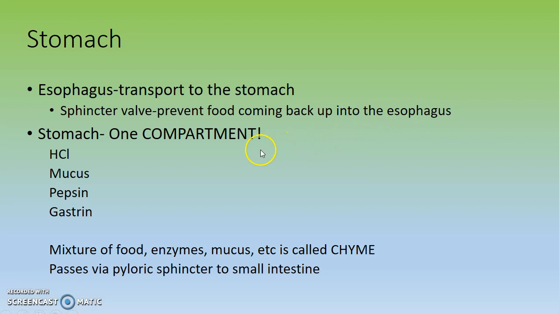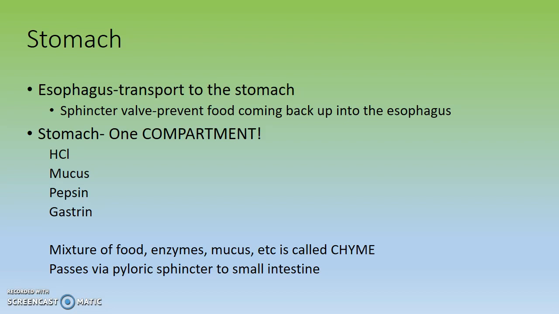The stomach in a monogastric only has one compartment. The important things that are in the stomach are going to be these four things: HCl, mucus, pepsin, and gastrin. HCl, or hydrochloric acid, is what produces that acidic environment in the stomach, and enzymes like acid, so that makes it a more favorable environment for the enzymes.